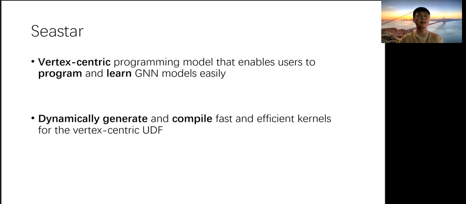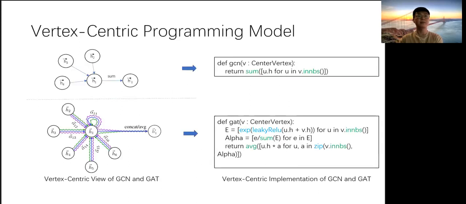To address the limitations, Seastar provides a more intuitive vertex-centric programming model. Users can program GNN models with native Python constructs, such as list comprehension and reduction. Seastar then dynamically compiles the user-defined model into fast and efficient kernels. We show GCN and GAT's implementation using the vertex-centric programming model.